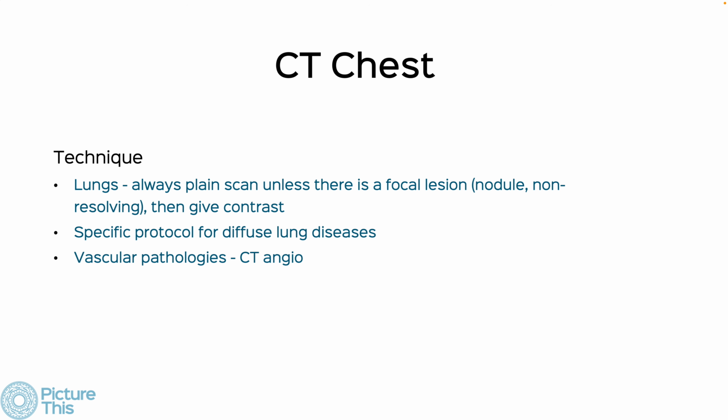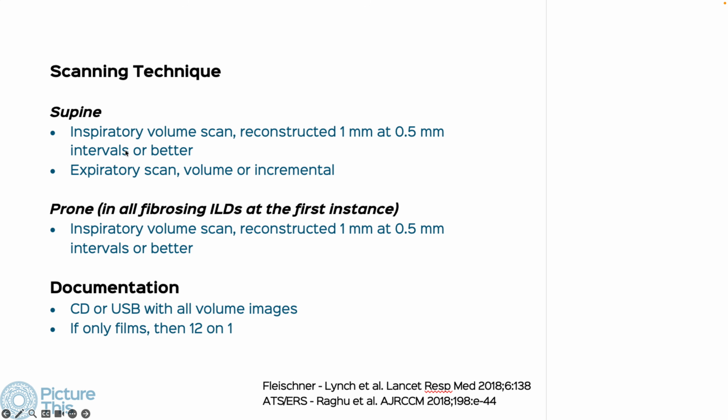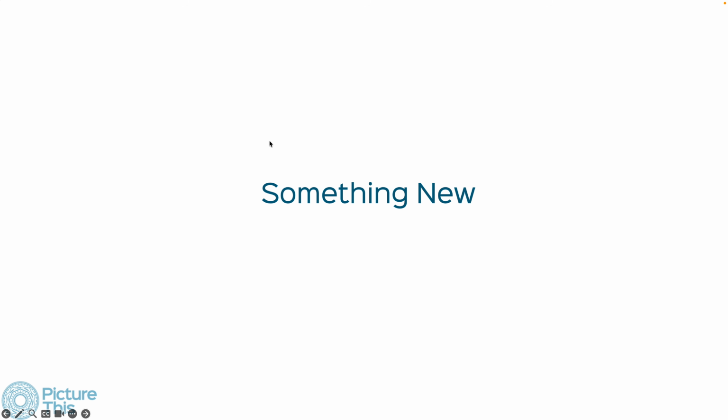For vascular pathologies, we need a CT pulmonary angio, and mediastinal and pleural lesions would be plain and contrast studies. Now, for diffuse lung diseases, this is the protocol. And when you send patients for ILDs or COPD or small airways disease, please ensure that this is done. Volume supine 1 millimeter inspiratory, then supine expiratory, prone inspiratory. This is a must in every patient.